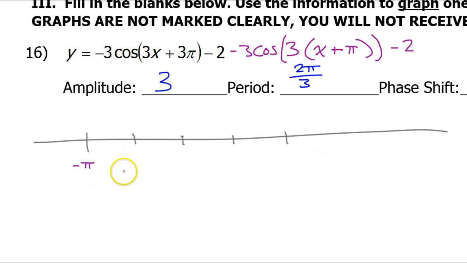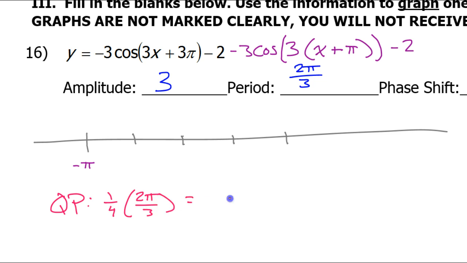Now as I move to the right, what I need to do is add a quarter of a period. See, these are 4 spaces, so each one of these represents 1/4 of the period. Now the period is 2 pi over 3, so the quarter period is going to be 1/4 of 2 pi over 3.